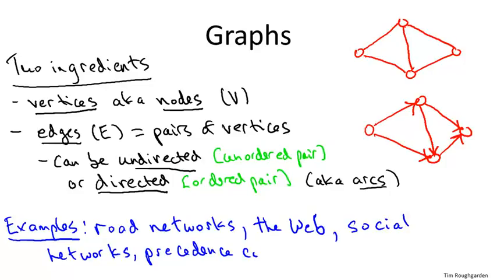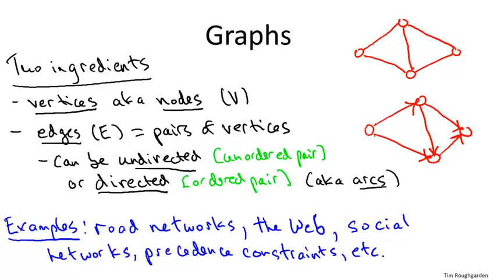And often graphs are useful even when there isn't such an obvious network structure. So just to mention one example, let me just write down precedence constraints. To say what I mean, you might think about, say you're a freshman in college and you're looking at your major, say the computer science major, and you want to know what courses to take in what order.